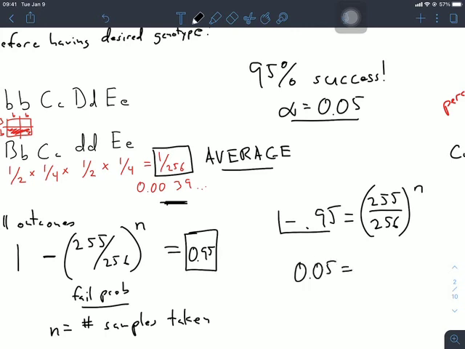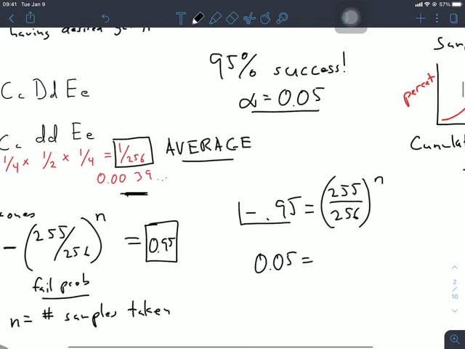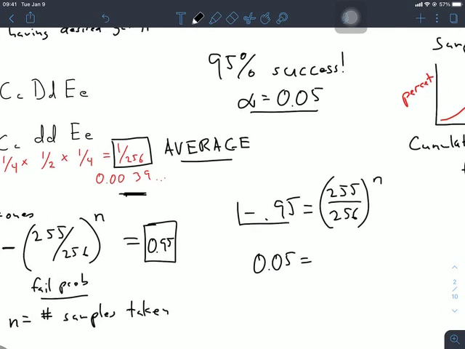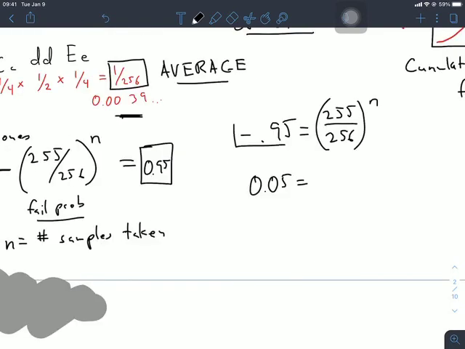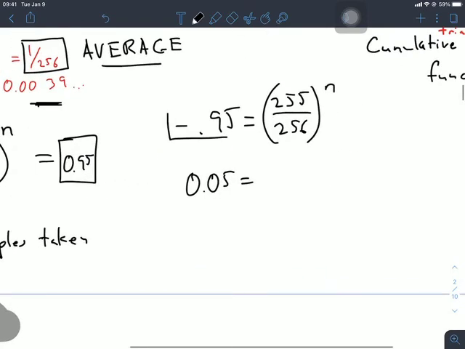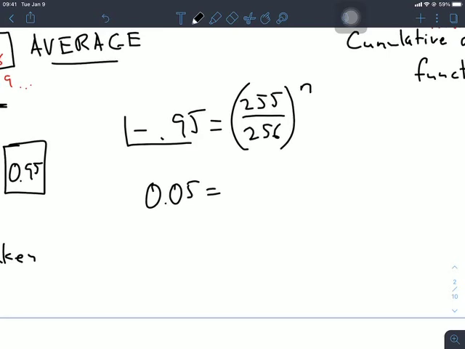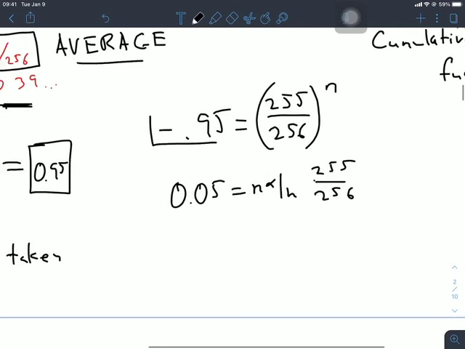0.05 is equal to, how do you get the n out of exponents? Well, you take the natural log. So if we take the natural log of both sides, what happens here? Well, if we take the natural log of 255 over 256 to the n, this n is going to pop away as a coefficient to our natural log.